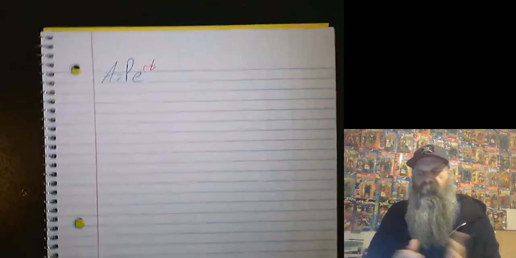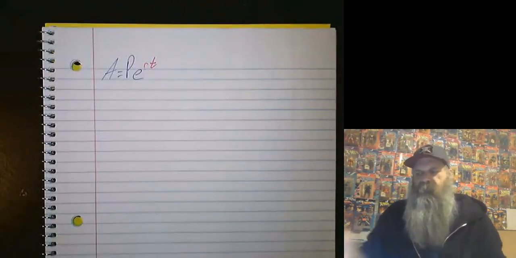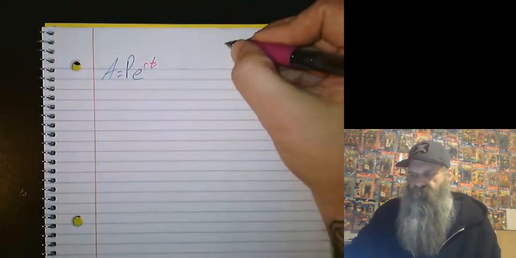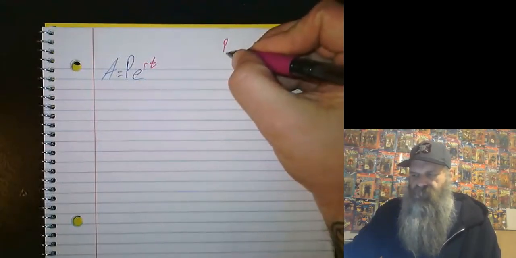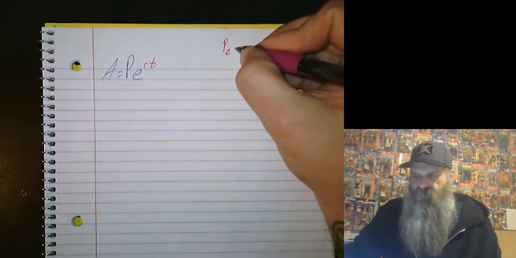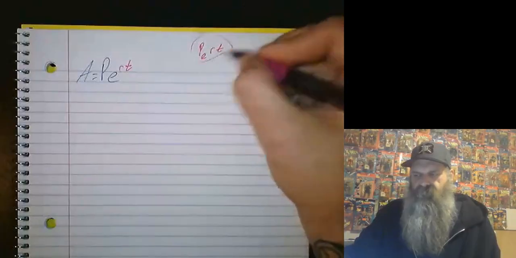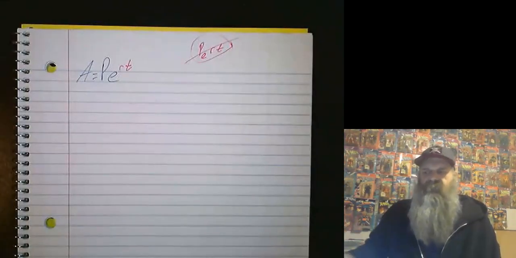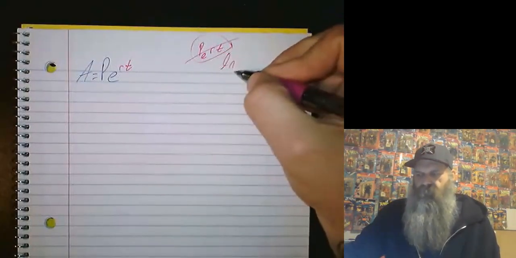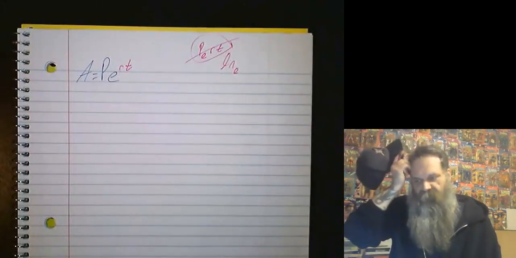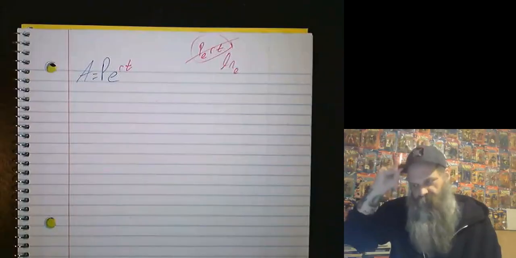So I want to make a couple things clear. Some students thought that E was like a base, and then R and T were being multiplied. That's not the case. E is the base when we do a natural log, so I understand that confusion.